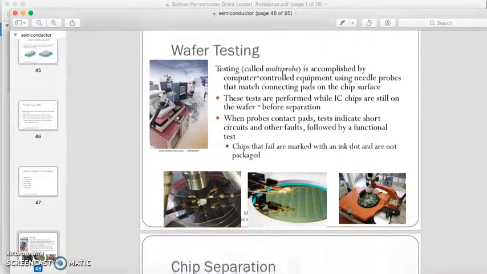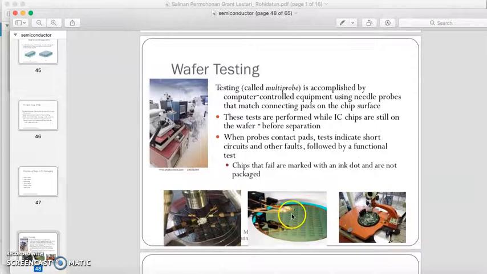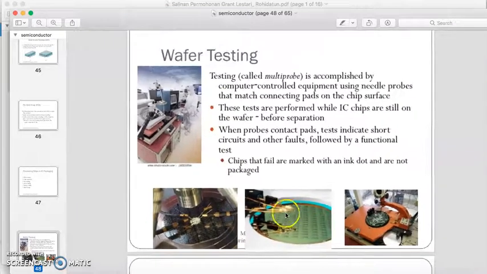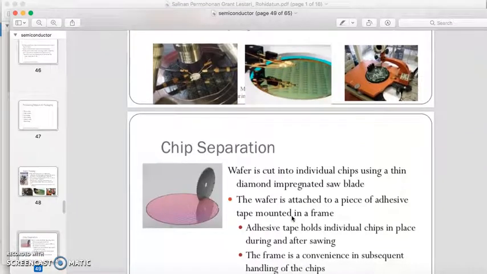Okay, and for testing, usually they use a robot to touch and test the circuit, whether it is okay or not.